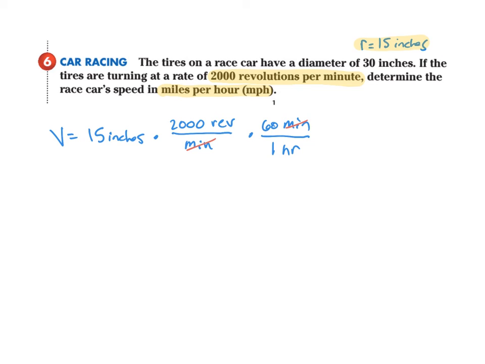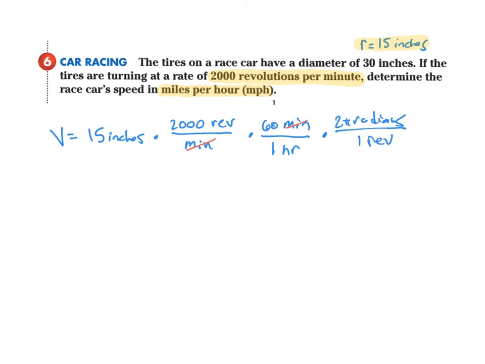Now, I don't want revolutions in my answer. I need to get to miles. And to do that, the first thing I need to do is get my angular velocity in terms of radians. I happen to remember from the other problem that to convert to radians, I multiply by 2 pi. So I've got to go 2 pi radians over 1 revolution, right?